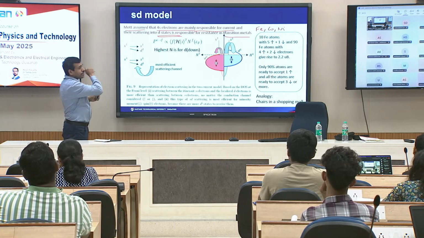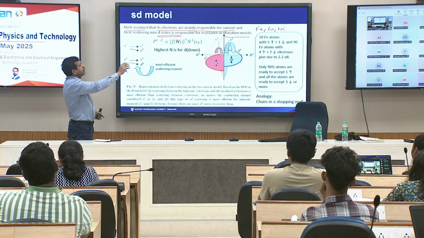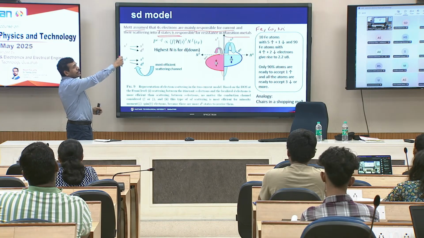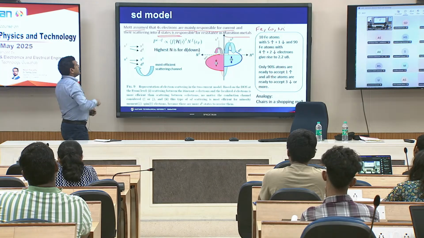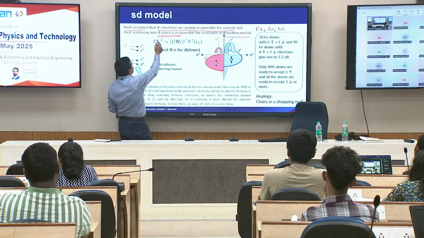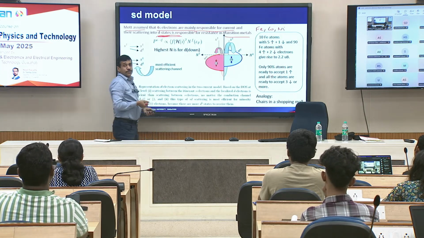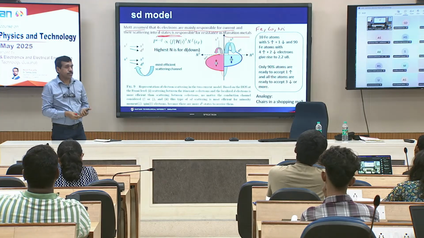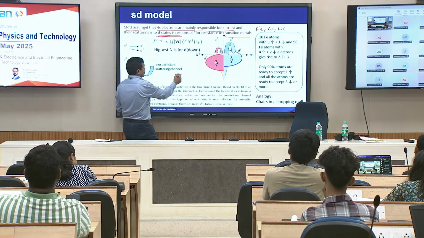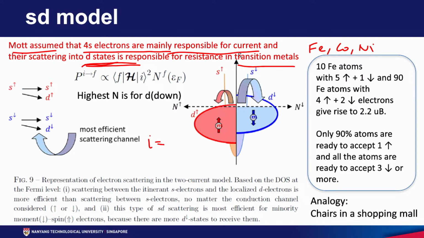The s electrons are moving from one side to the other side. These s electrons may get scattered into the d state. Okay. So, that is what gives rise to the resistance. You know the current is dq over dt, right.